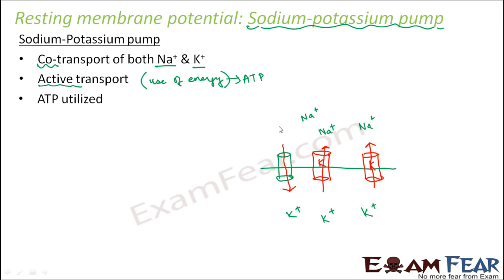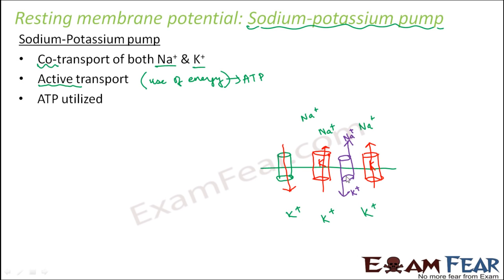So this is what we studied so far, that you had the potassium channels which were passive channels sending potassiums from inside to outside, sodium channel sending sodium outside to inside. Now on top of all these you have a sodium potassium pump which is going to be something like this, which allows co-transport. So what does it do? It sends potassium inside and it sends sodium outside.